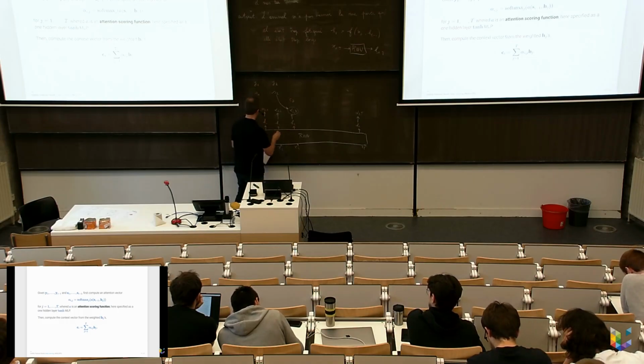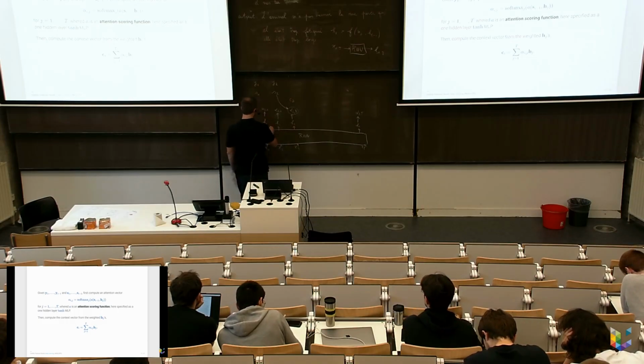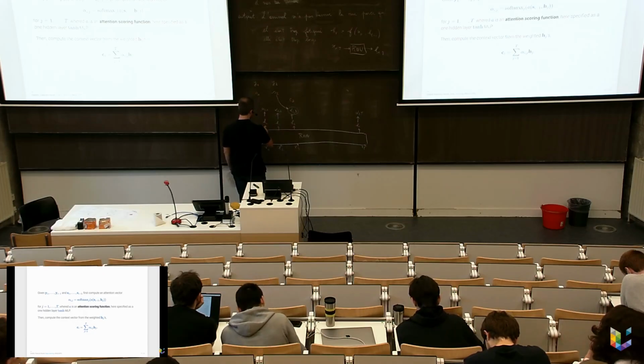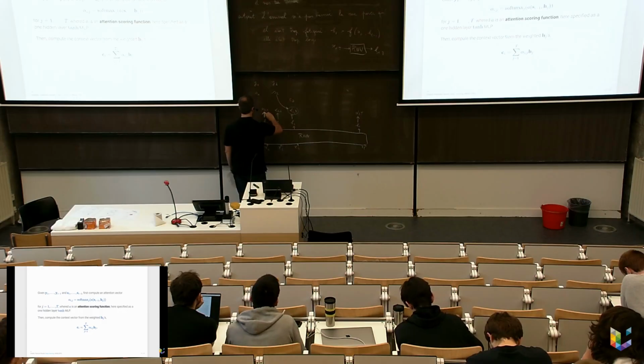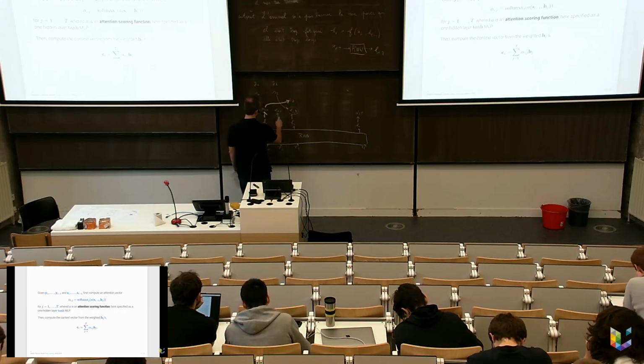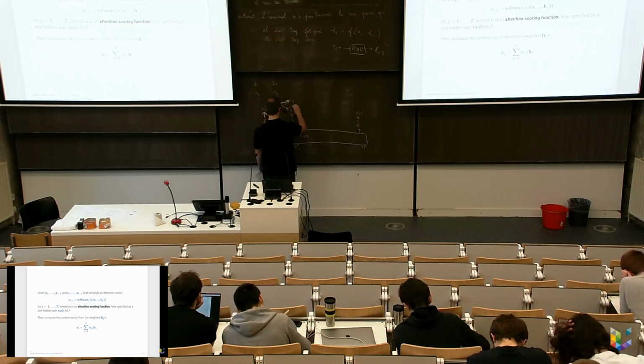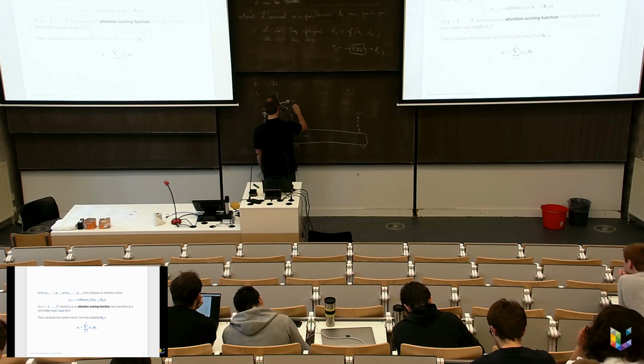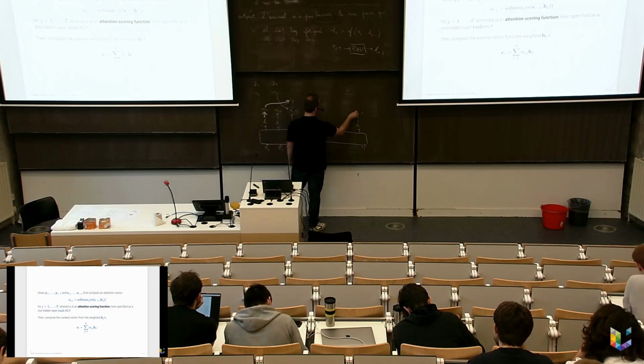Okay? So maybe we'll have a large weight for this one. We'll have a big influence. Maybe this one will be small. Maybe this one will be almost 0. And maybe this one will be large as well, I don't know.